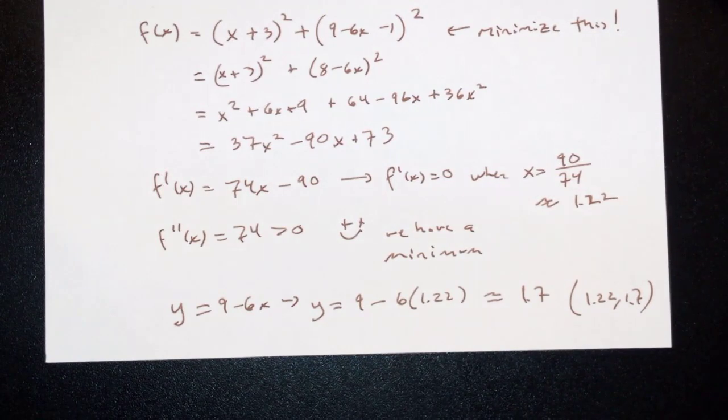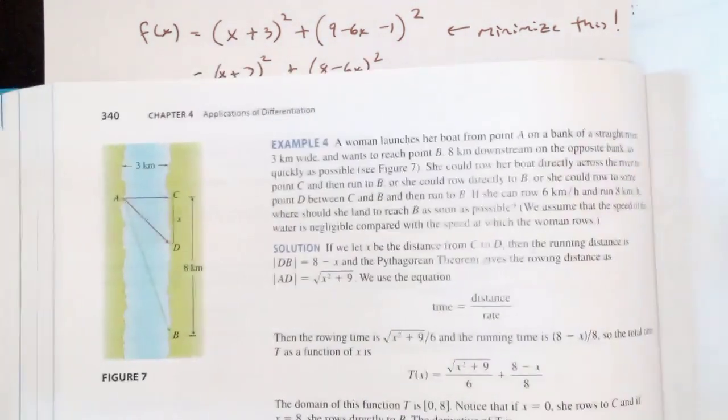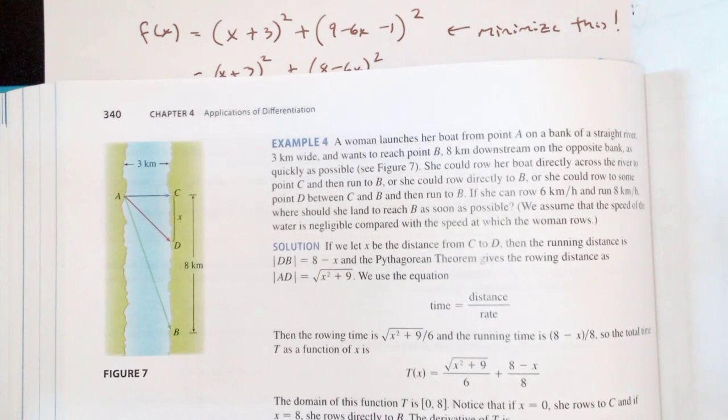Again, a problem that sounds stupid. Example 4, page 340. A woman launches her boat from point A straight across a river 3 kilometers wide, wants to reach point B, 8 kilometers downstream across the bank, as quickly as possible.